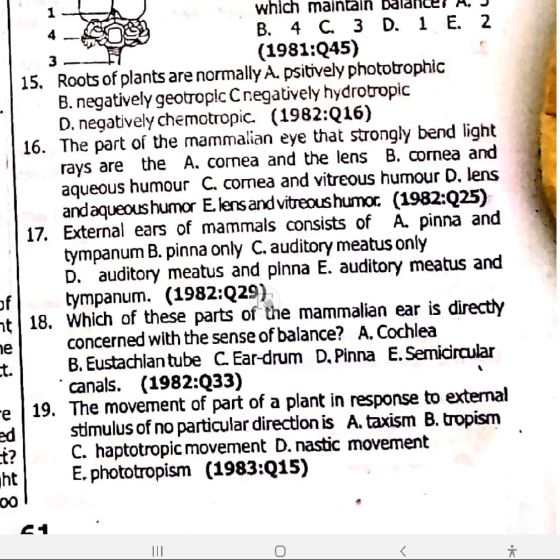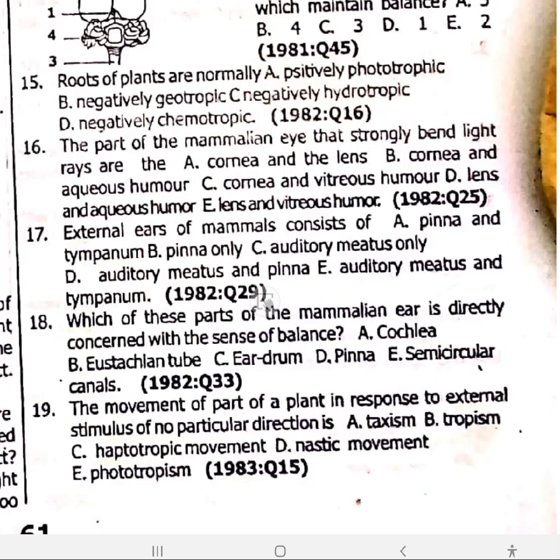So let's write: the ear is in 3 parts. External ear, you have your pinna, external auditory meatus or acoustic meatus. Next, middle ear, you have the tympanic membrane and the tympanic chamber.